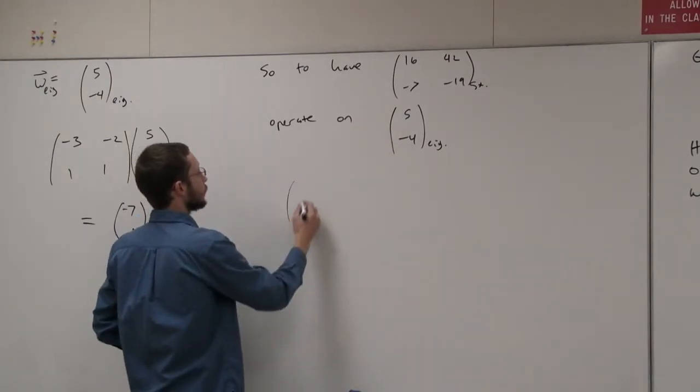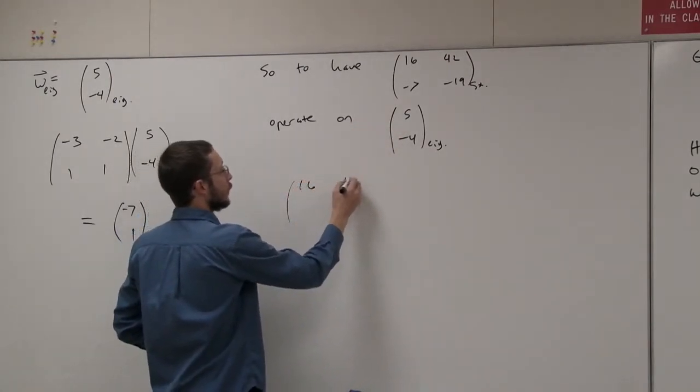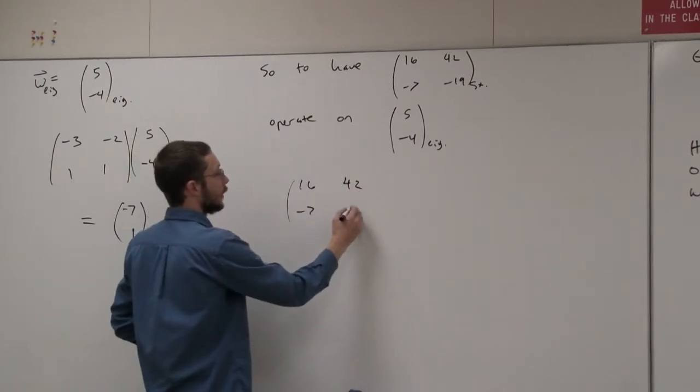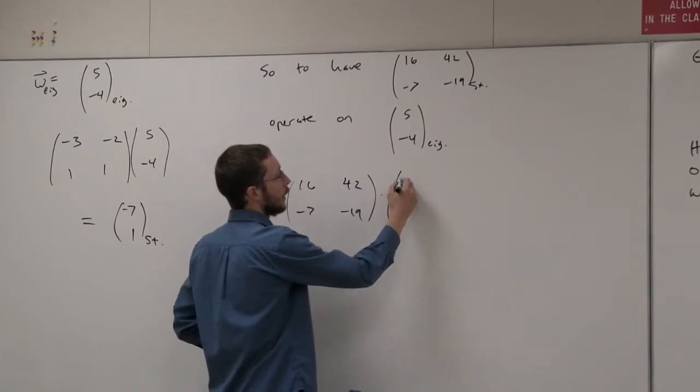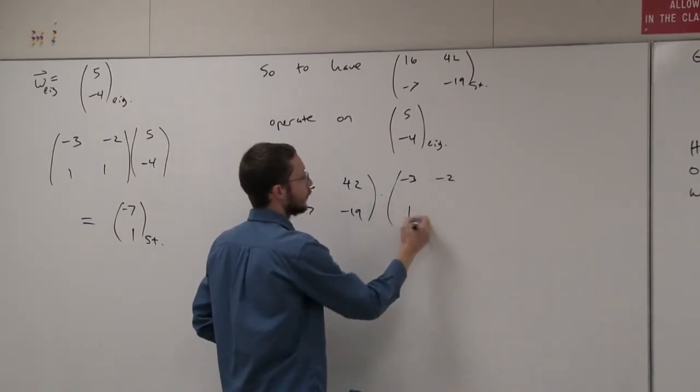Okay? So we have 16, 42, -7, -19, and we're going to pre-multiply by this transformation here.